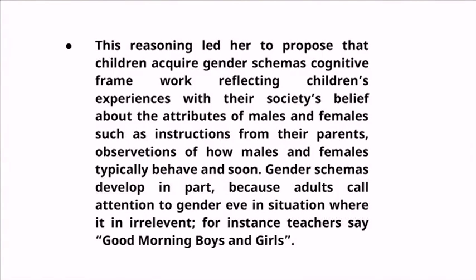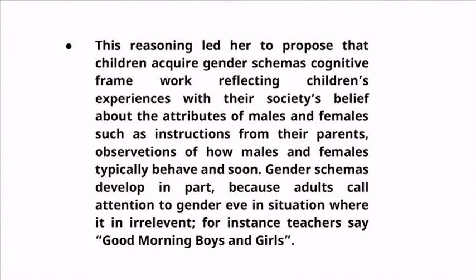This reasoning led her to propose that children acquire gender schemas, cognitive frameworks reflecting children's experience with their society's beliefs about the attributes of males and females, such as instructions from their parents, observation of how males and females typically behave, and so on.